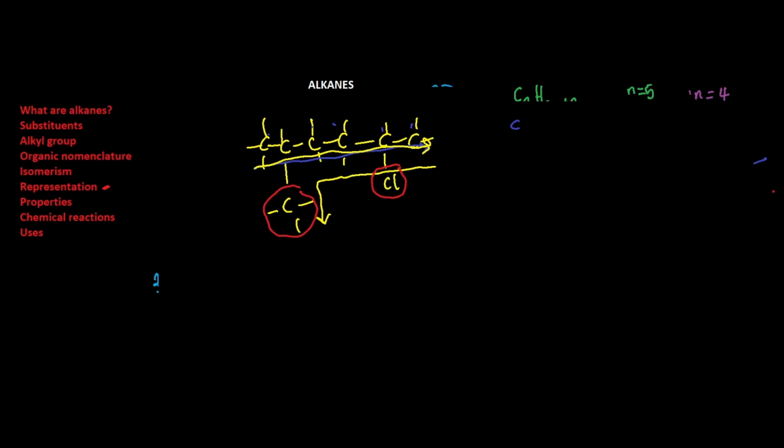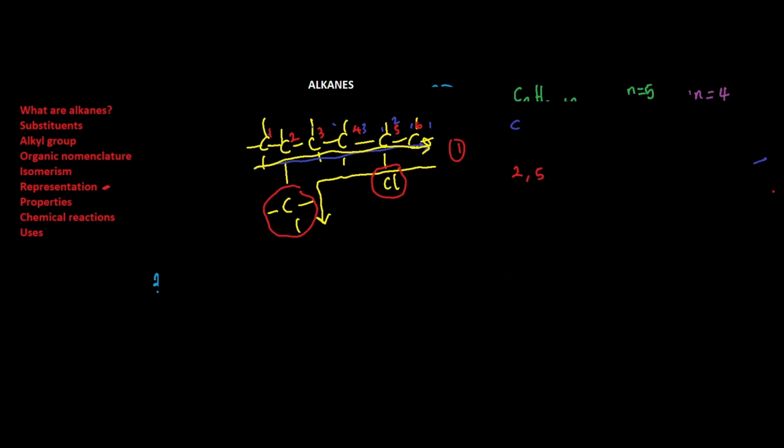Now how do we draw out the condensed formula for this? Remember, the first step is to consider the longest carbon chain, then consider each carbon atom in the longest chain, and then consider the substituents or hydrogen atoms attached to it. If we number starting from here, we would have 1, 2, 3, 4, 5, 6, so the substituents would have the numbers 2 and 5. Now let's number from the other end and see if we have lower numbers.